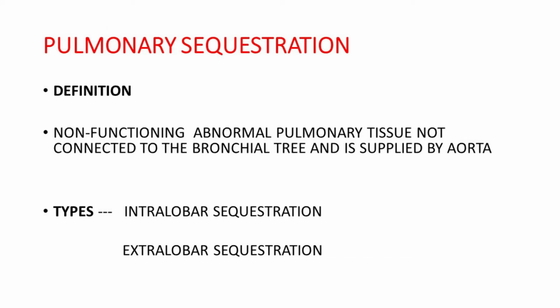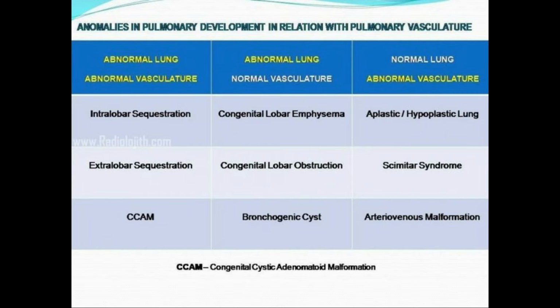Now we will go to the embryological pattern of pulmonary development in relation with pulmonary vasculature. If you've got anomalies like abnormal lung and abnormal vasculature, we have got three categories, which can be intralobar sequestration or extralobar sequestration, or CCAM, which is now called CPAM, congenital pulmonary airway malformation. Second one is where abnormal lung will be there with normal vasculature.